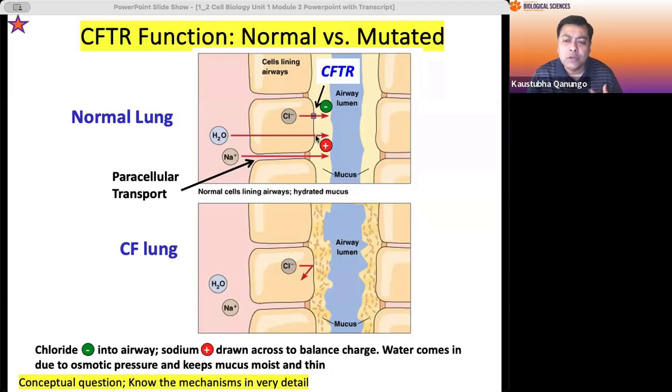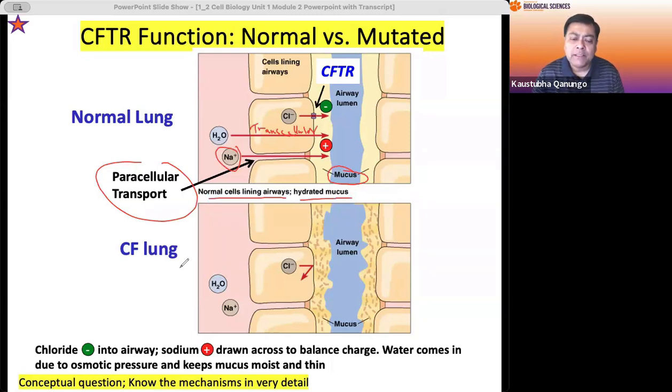Water is going through transcellular transport, meaning across the cell, whereas sodium is going by paracellular transport, in between the cells. Once sodium chloride goes in, the water goes in and hydrates the mucus. That is the normal condition, with normal cell lining and hydrated mucus.